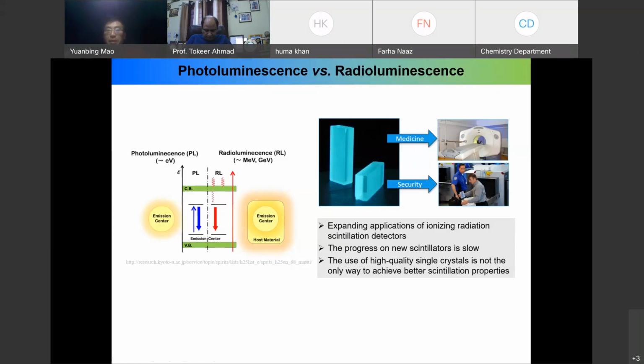Because X-ray is so strong, we don't want it directly, so the X-ray hits a film which has phosphors, and that transfers to the film, and that's how we get the images, right? The other important thing is related to security. When we go to the airport, we go through the security check, and some of those detectors are also related to radioluminescent materials.